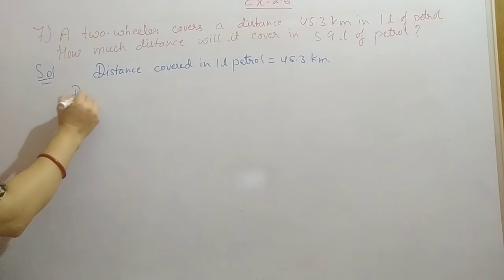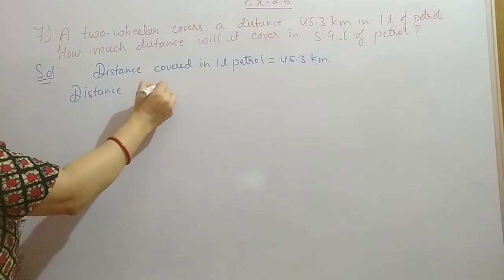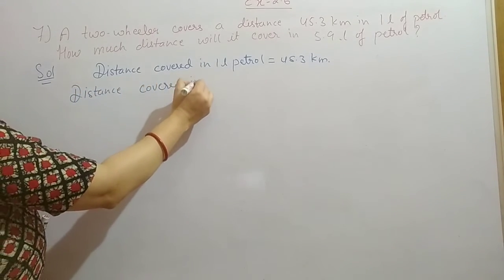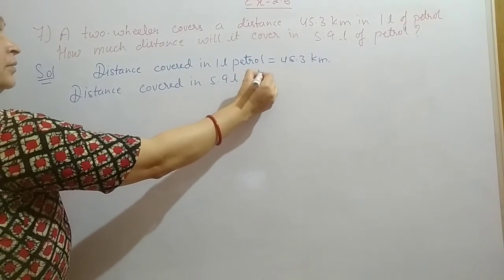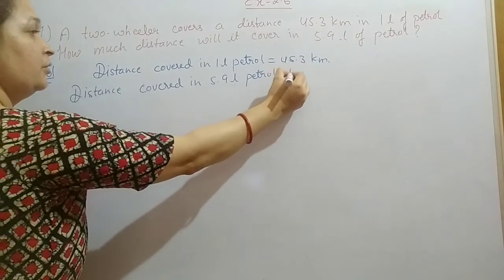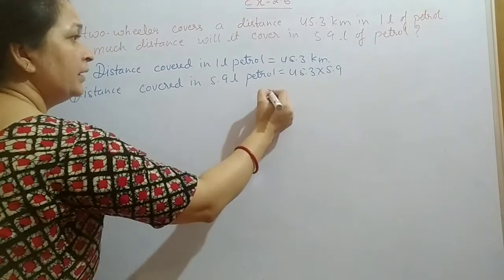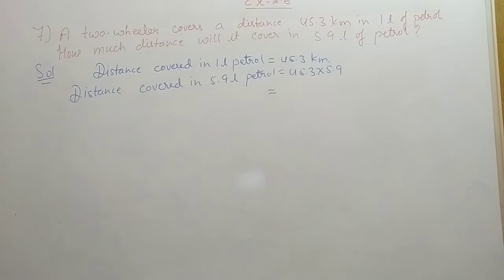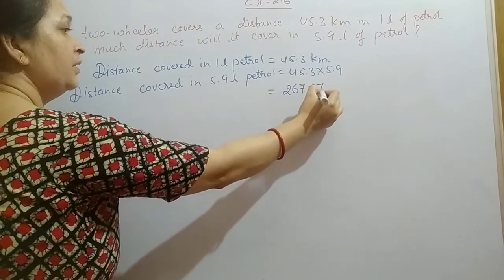Next, distance covered in 5.9 liter of petrol is equal to 45.3 multiplied by 5.9. Then you have to multiply these two numbers, which is equal to 267.27 kilometer.